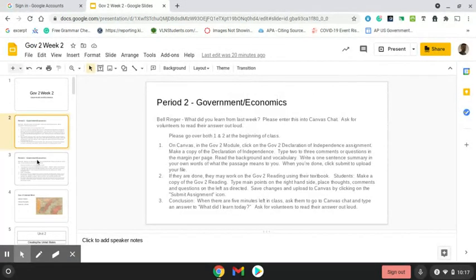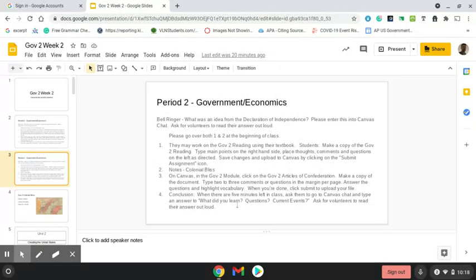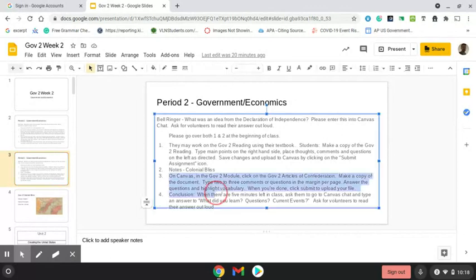For the remainder of the period, in Canvas, in the Government 2 module, there is a second document that we'll take a look at. So the notes, you can go ahead once you're done there to exit out of them. We will use these for the rest of the week, the same document, and you won't turn it in till Friday.